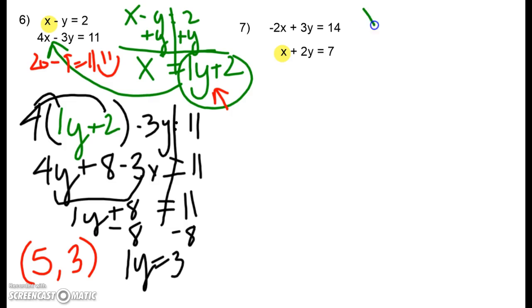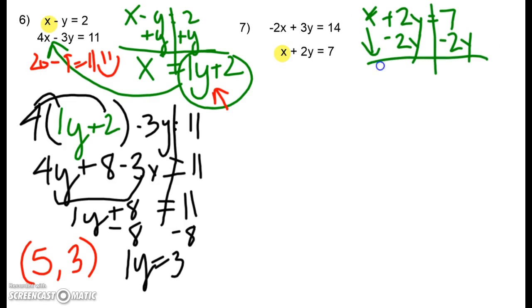So I've got x plus 2y equals 7. So how do I undo plus 2y? Yep, you minus the 2y, minus 2y. So x equals negative 2y plus 7.